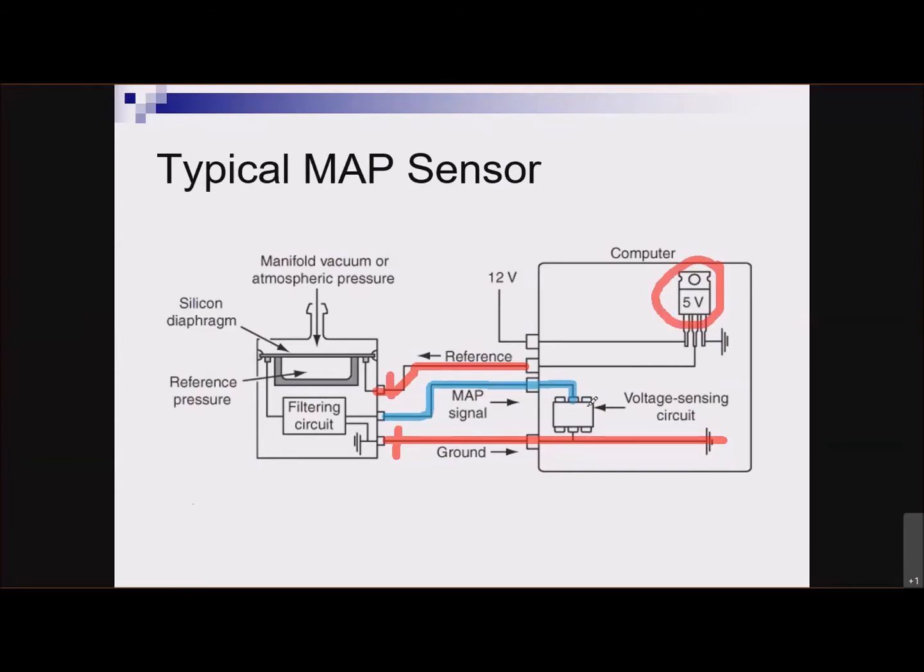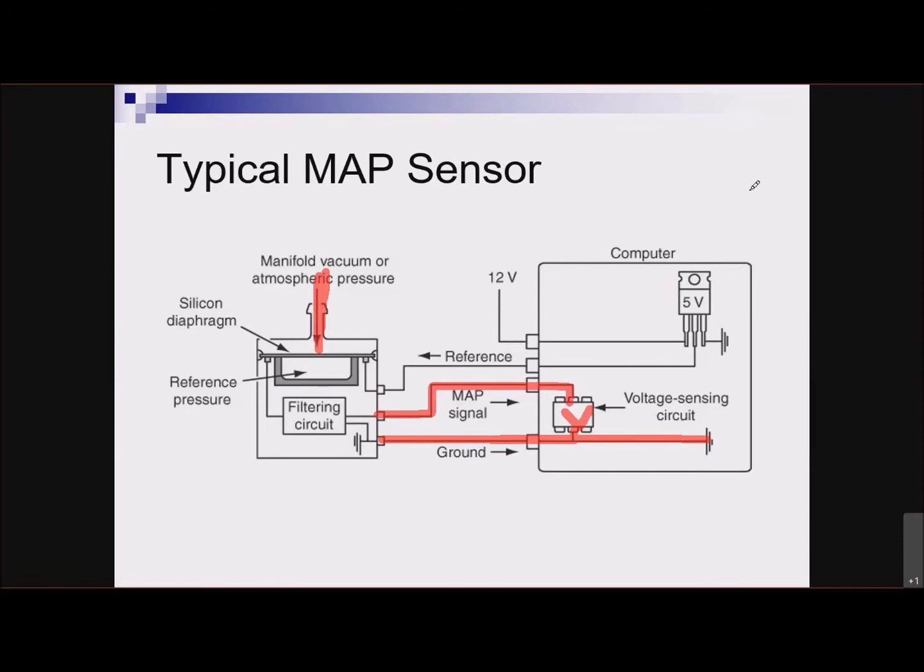You can think of this thing right here as a little digital voltmeter. This would be the red lead, essentially, measuring the voltage here. And this would be the black lead, connected to the ground. So this is the voltmeter, and it's measuring the voltage on this wire. And that voltage is going to change based on how much pressure is feeding in through this port.